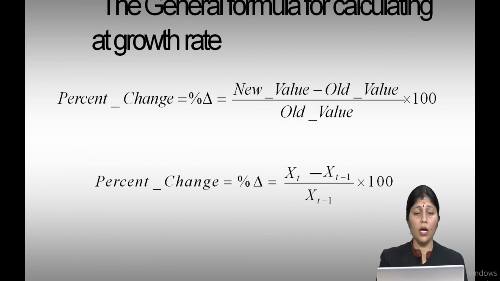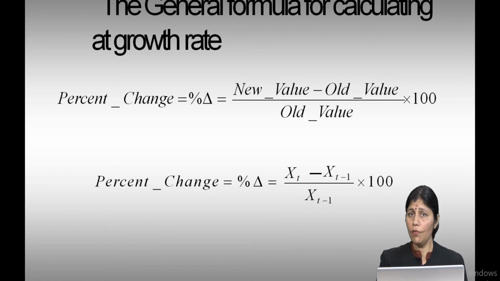The general formula for calculating a growth rate, because when we have already made calculations of nominal GDP and real GDP, this is the time to identify what is the growth rate in GDP. So, this is the basic formula to identify the growth rate in the GDP, that is percentage change is equal to percentage delta, delta is also representing change, is equal to new value minus old value divided by old value multiplied by 100.